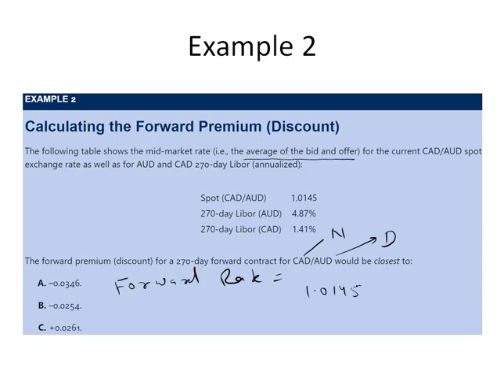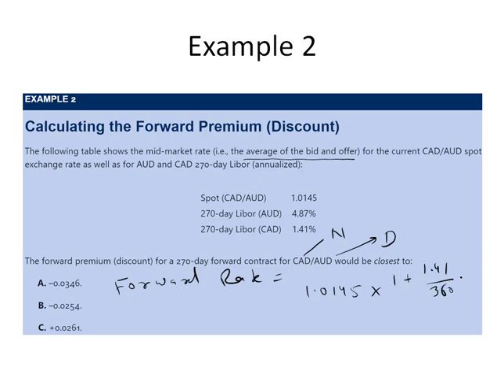1.0145. Then we are going to multiply that by the interest rate for CAD. Interest rate for CAD is 1.41, so 1 plus 1.41. This 1.41 is an annualized interest rate, and this is for 360 days, so we have to convert that into 270.